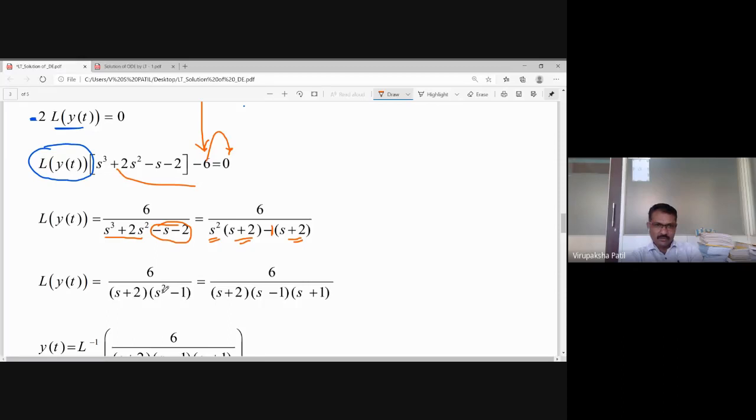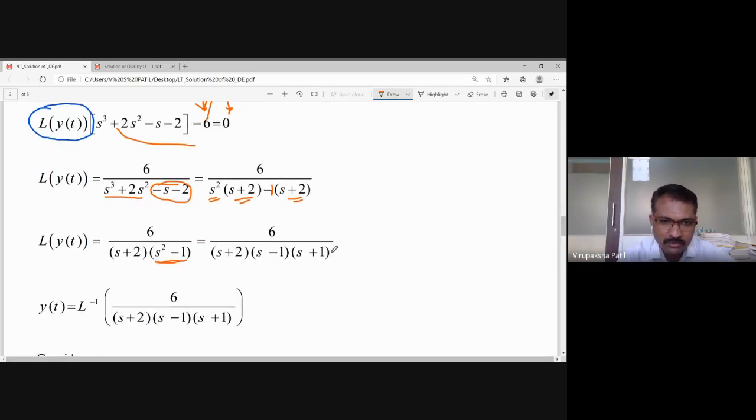Now see, only two factors you got here, but this is of the form a square minus b square, so you can write that as 6 divided by s plus 2, and this term can be written as s minus 1 into s plus 1.